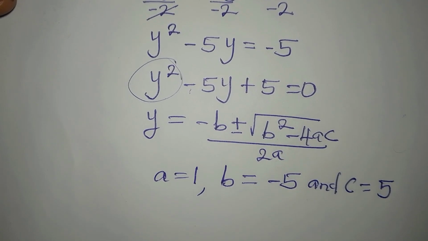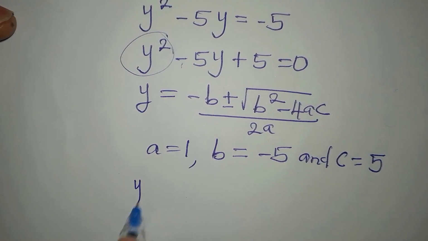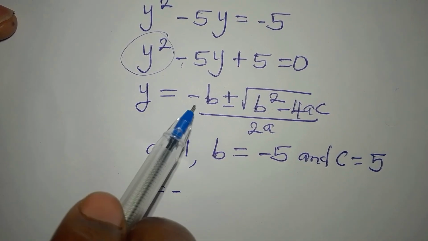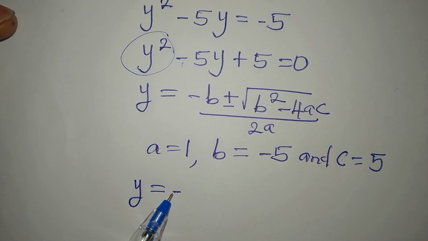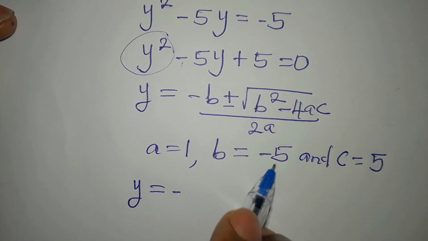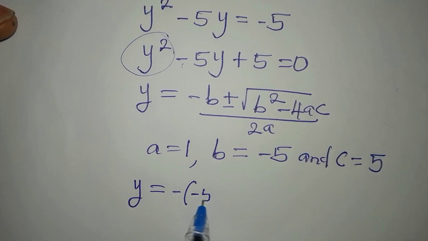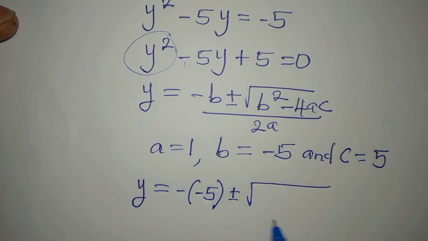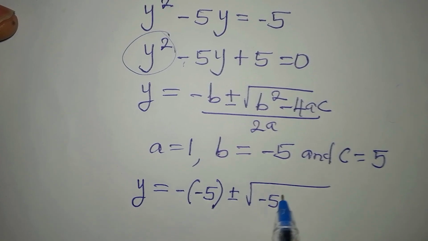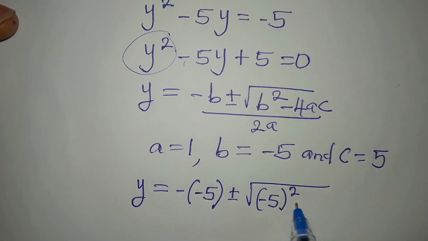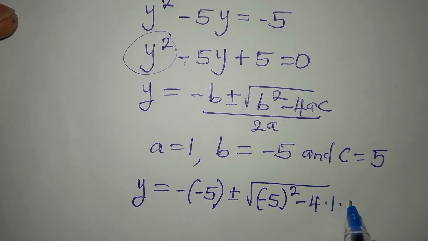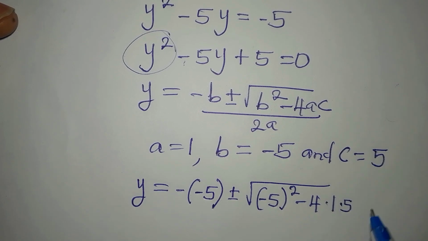So let's substitute into the formula now so that y will be equal to, in place of minus b, we'll have minus. This minus is this one. Then b itself is minus 5. So I'm going to open bracket and have minus 5, plus or minus the square root of b squared, which will now be minus 5 in bracket squared, minus 4 times a, because a is 1, then times c, and our c is 5, right?